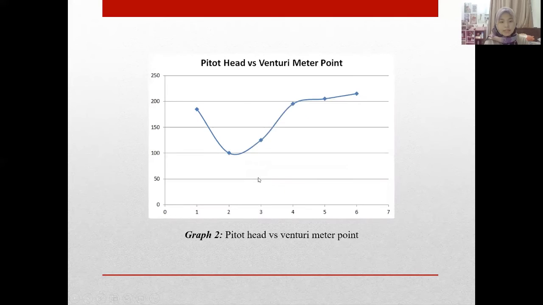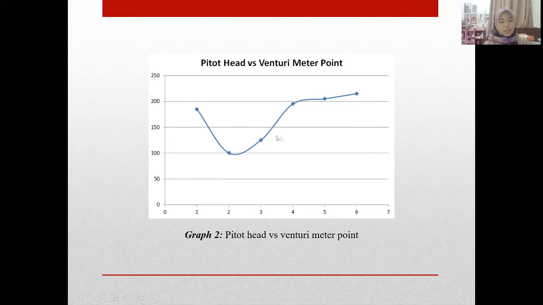Next is graph 2, which is titled total head versus Venturi meter point. This graph shows the value of total head against Venturi meter point, where the value is firstly decreasing from 0.1 to 0.2, with 185 mm to 100 mm respectively.